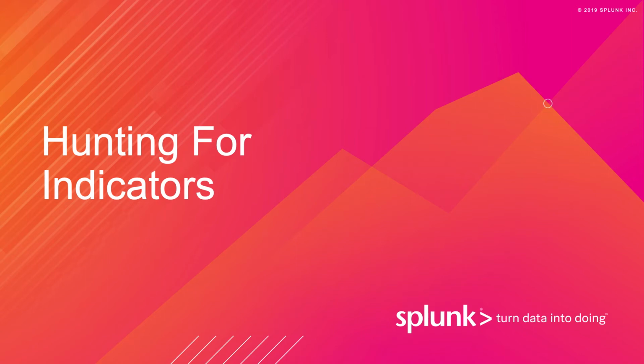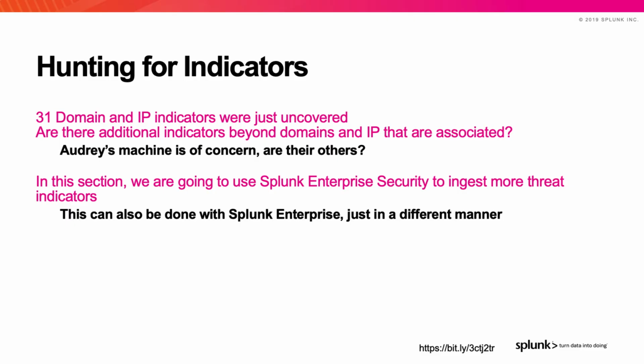So once we did the identification, once we have the notable, once we identify some of the other indicators for adversary infrastructure, I want to be able to hunt back in time and start looking for those and understand more about what else is out there. So the 31 domains and indicators were uncovered, right? Those include the one we had plus the IP associated with it. The questions we want to ask ourselves are, what other domains or indicators beyond those are associated with this overall issue?